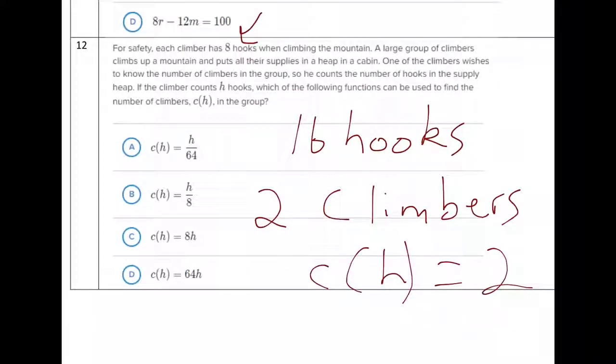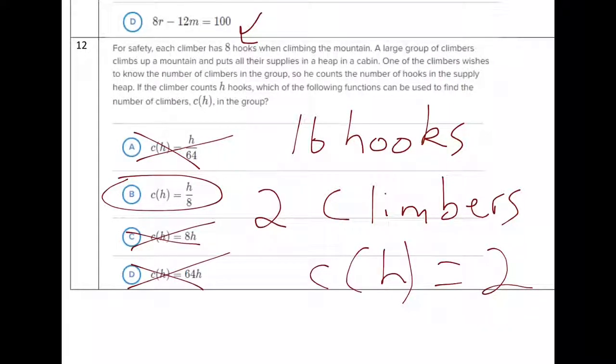For A, does 2 equal 16 divided by 64? No. Does 2 equal 16 divided by 8? Yes. Does 2 equal 8 times 16? No. Does 2 equal 64 times 16? No. Sometimes it can be easier to navigate these by trying a test case.